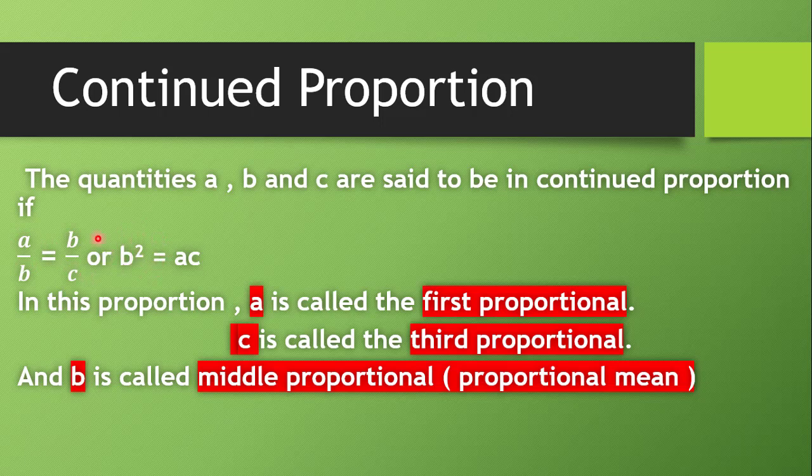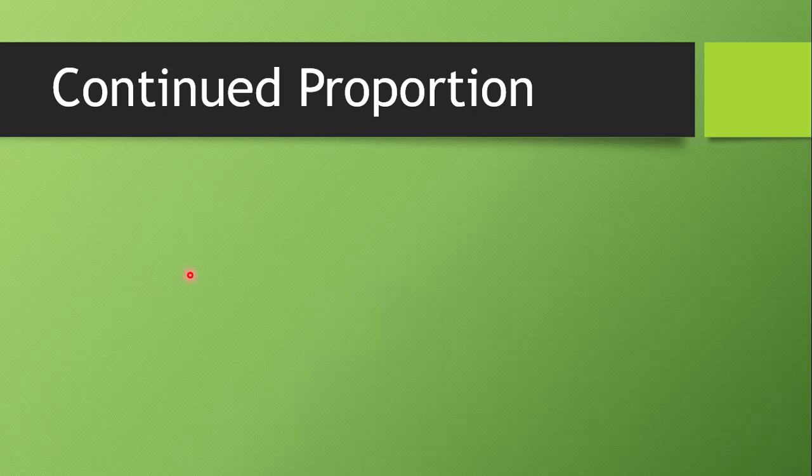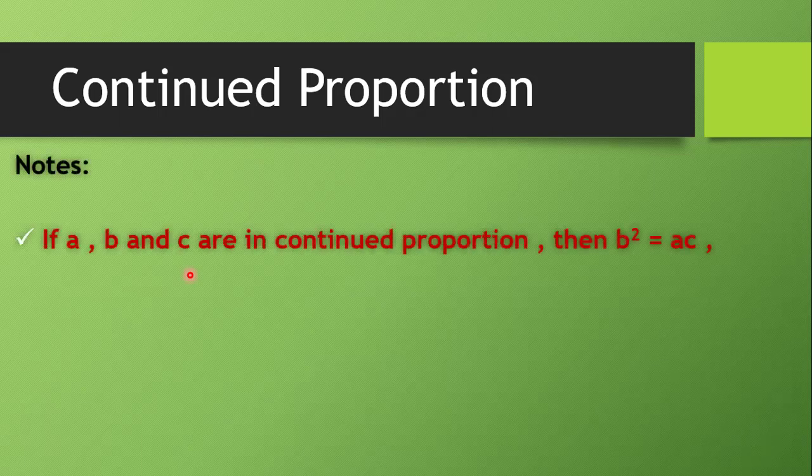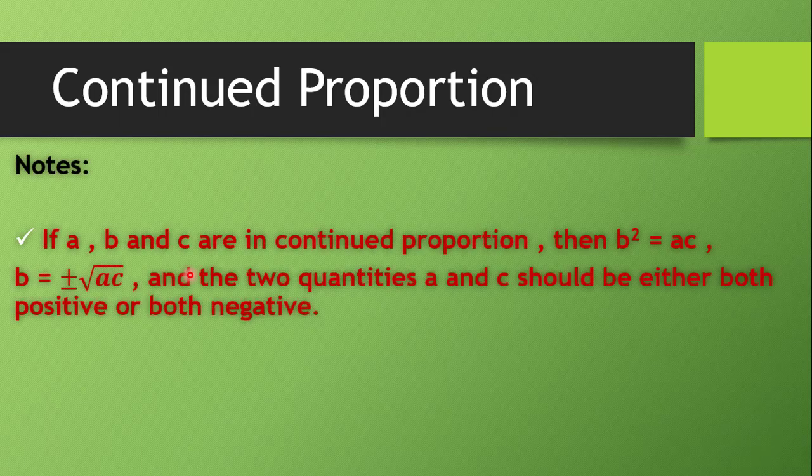So if you want to get the value of B, you will take the positive or negative square root of AC. In this case, if I want to get the middle proportional B, I'll take the square root of AC.